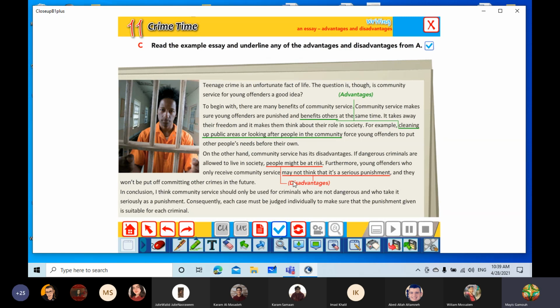And the disadvantage of having community service as a punishment is that other people might be at risk because the criminals are outside the prison and their punishment was just community service. So they may not think that it is a serious punishment. So they will commit other crimes in the future.